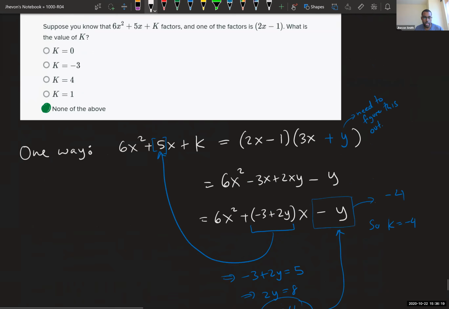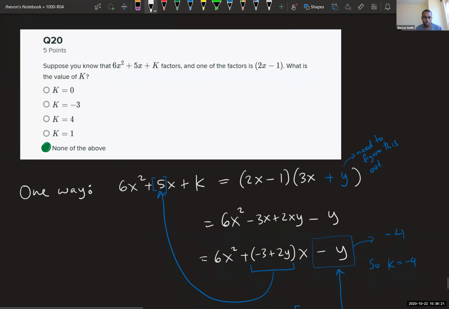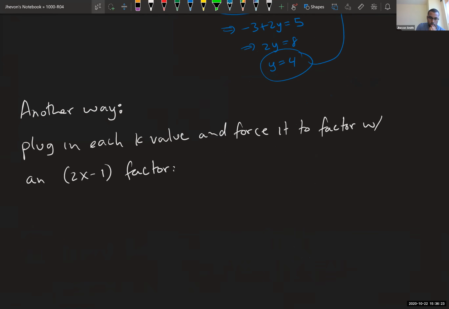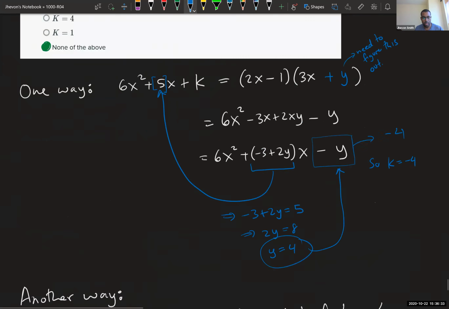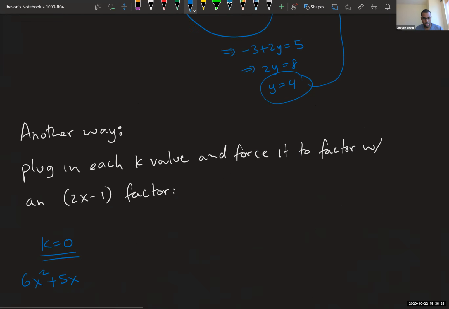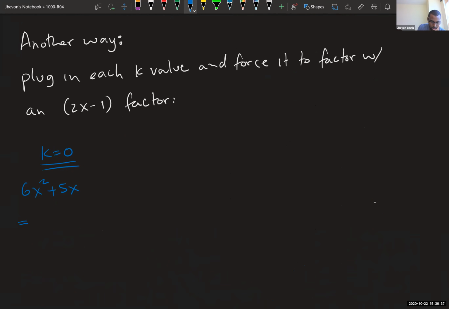So you can go in and plug in k equals 0. If you look at k equals 0, this would give us 6x squared plus 5x. Now, that definitely doesn't work. If I wanted to factor this, it factors into that. So no, doesn't work.